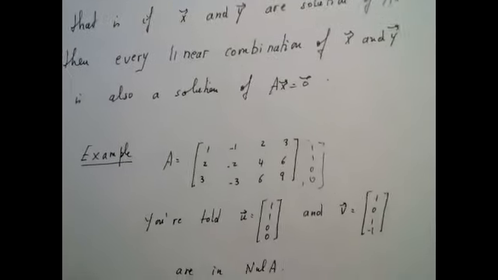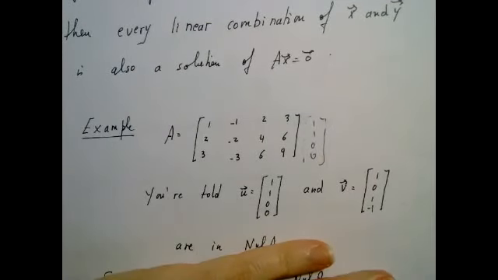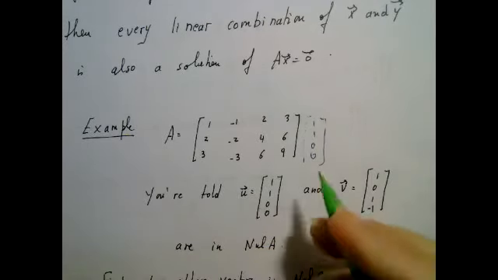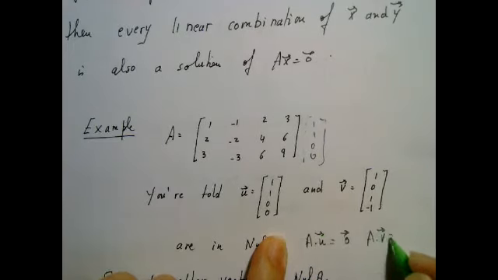So suppose I give you A, that's the matrix. And I tell you U and V are in the null space. So I'm already telling you that A times U equals 0, and A times V equals 0.